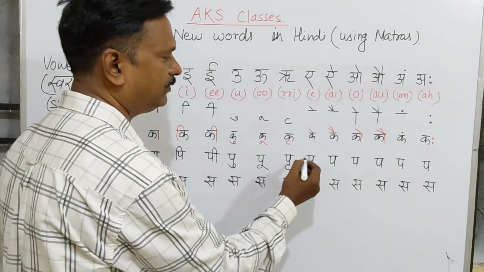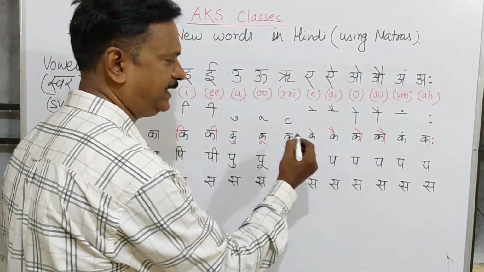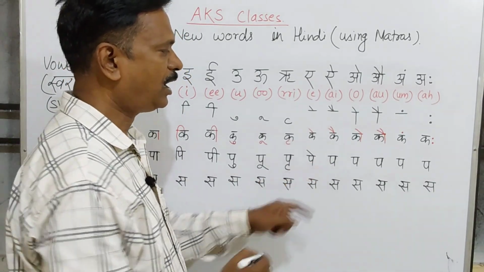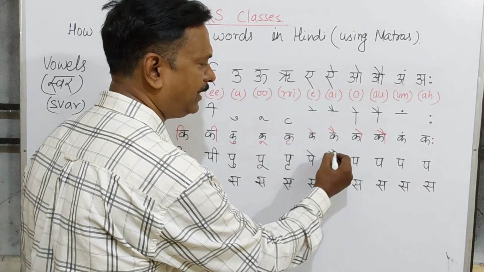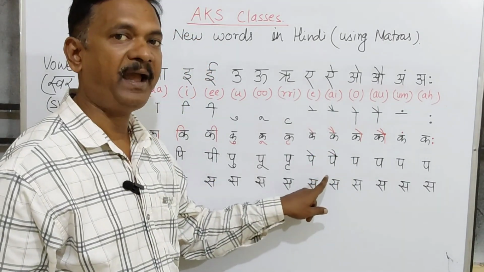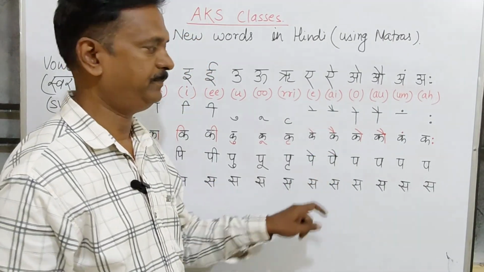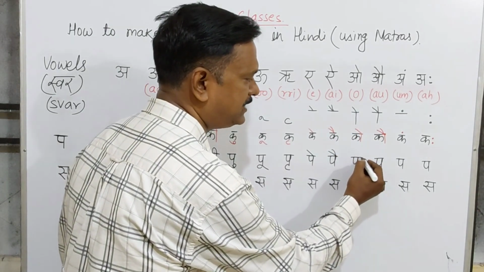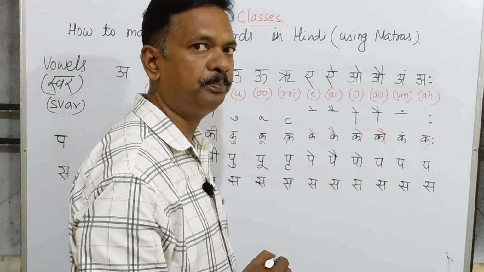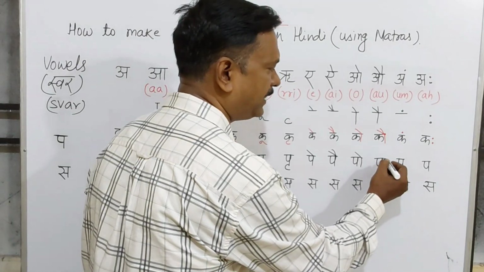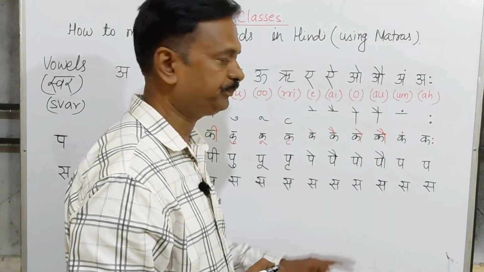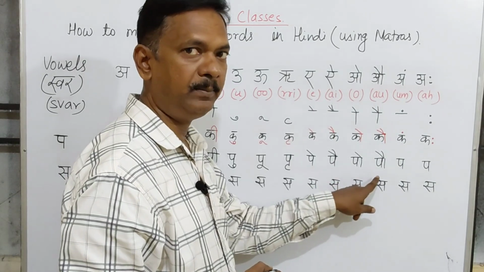And the matra for e, it is pe. Now, the matra for ai sound, it is pai. Now, the matra for o, it is po. And the matra for au sound, it is pau.